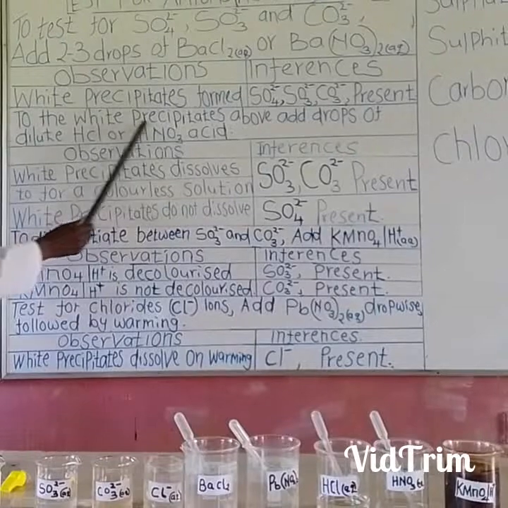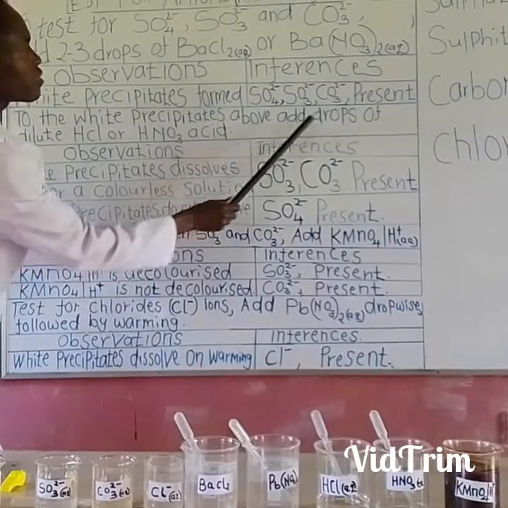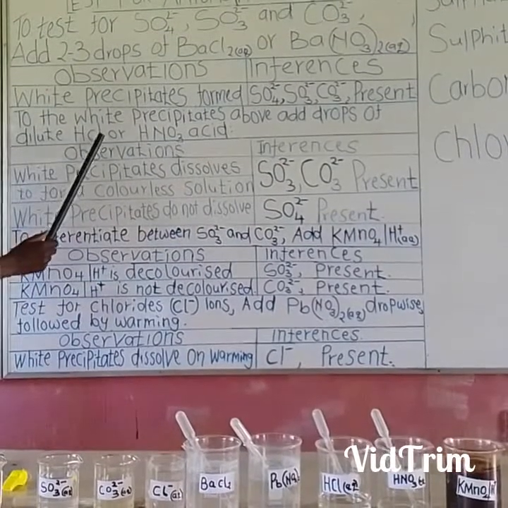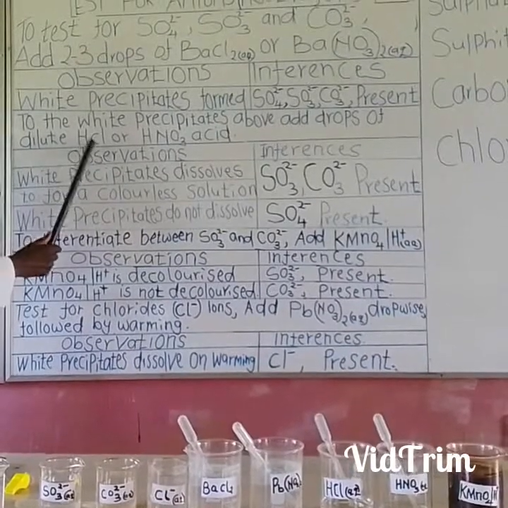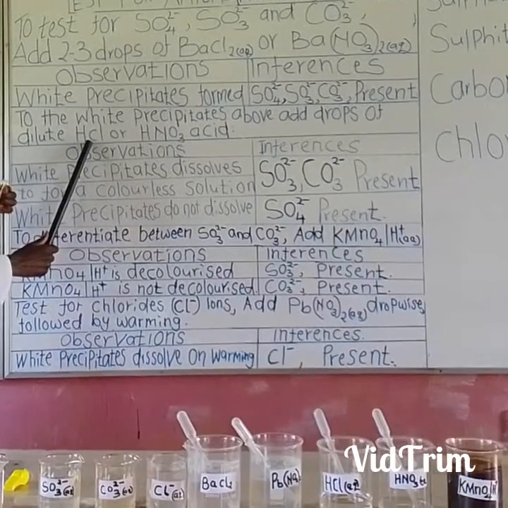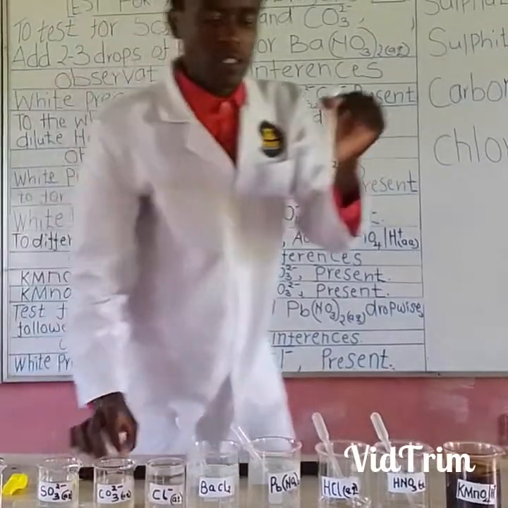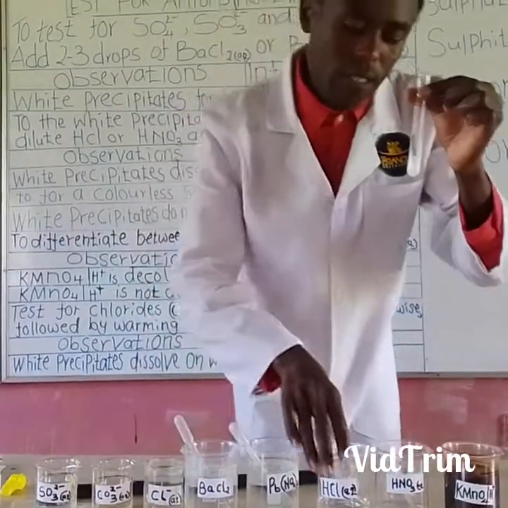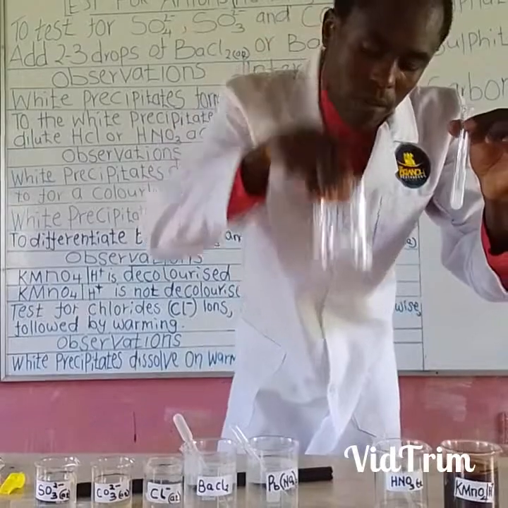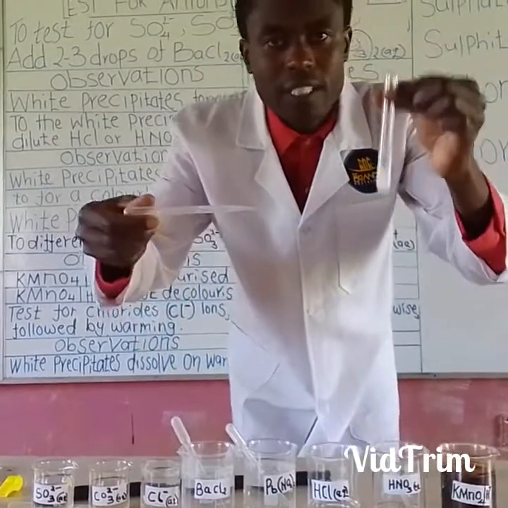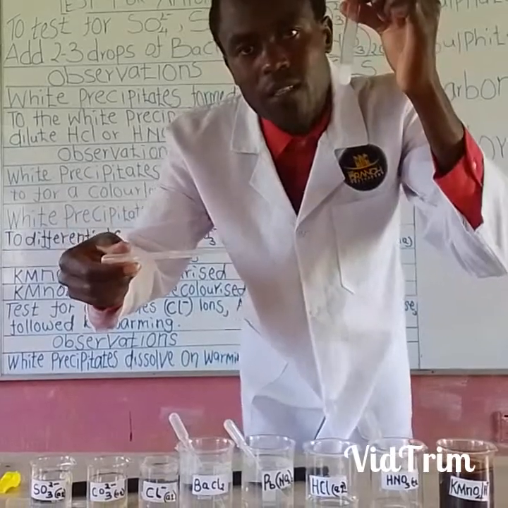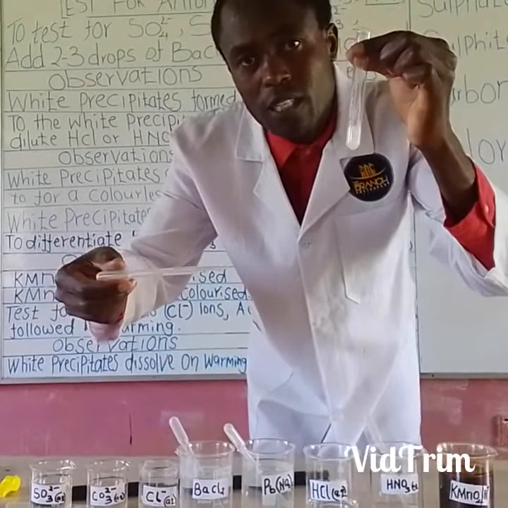The next step, to the white precipitate above, add drops of dilute hydrochloric acid or nitric acid. But I'm adding dilute hydrochloric acid dropwise. So this is now dilute hydrochloric acid. Using my dropper, and as I add, we have to make the observation.